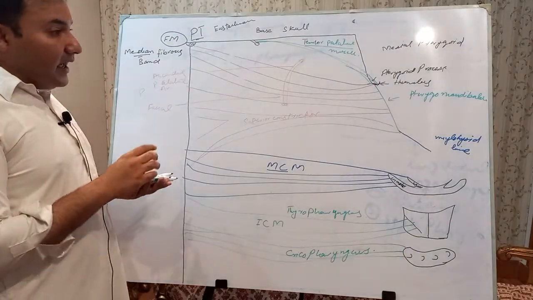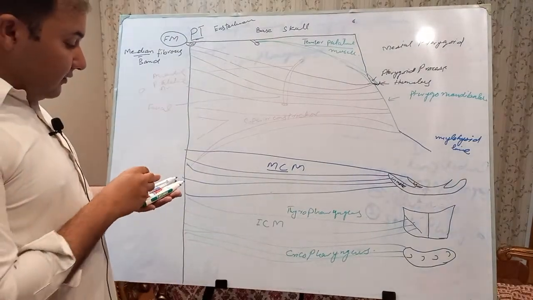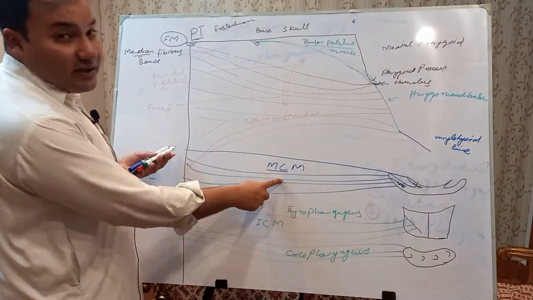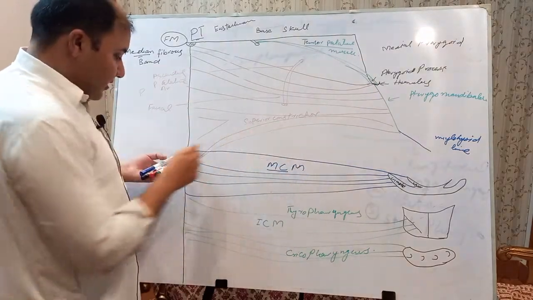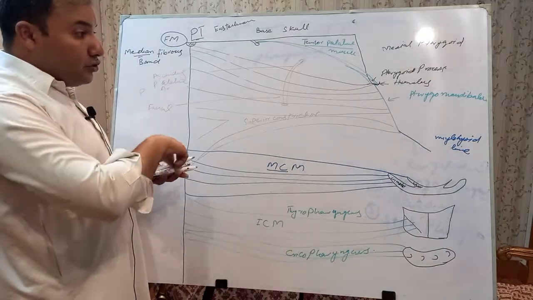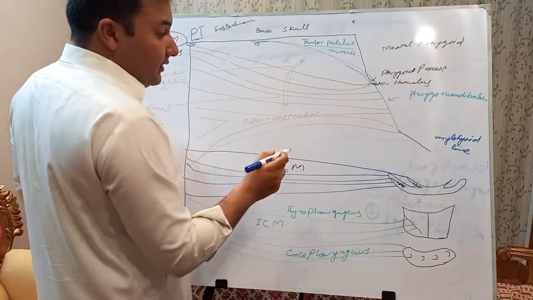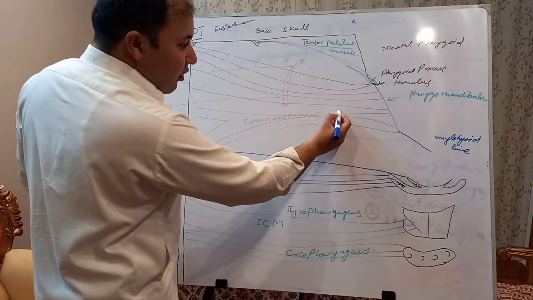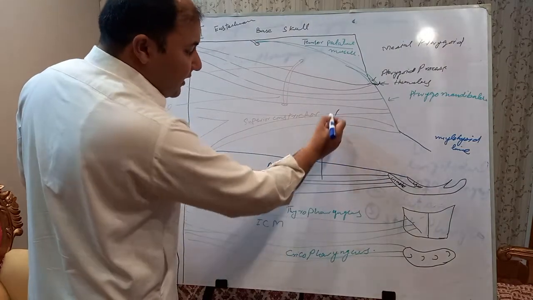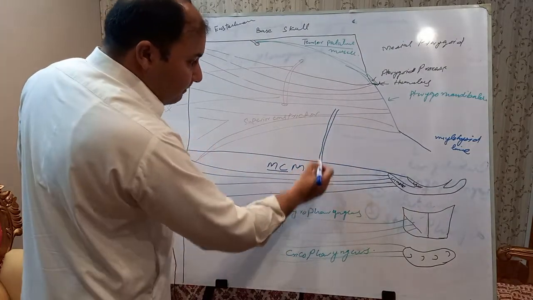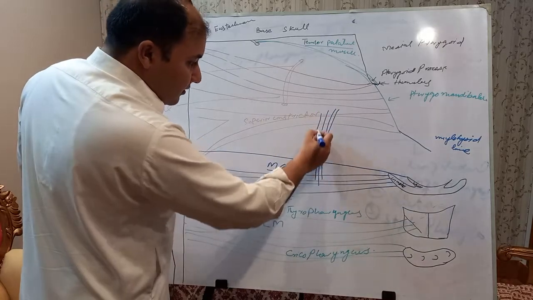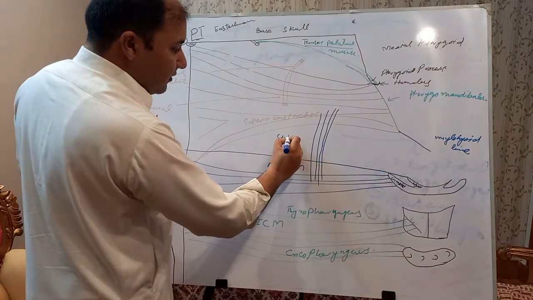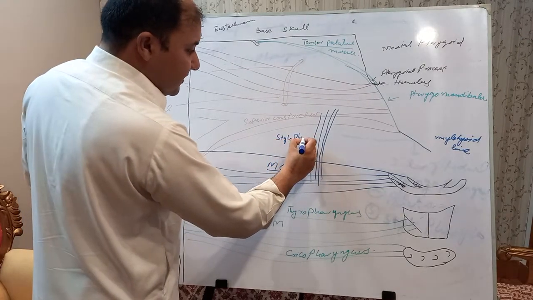Then we have another space right between the superior constrictor and the middle constrictor, right here. In this position we have an important muscle called the stylopharyngeus muscle.